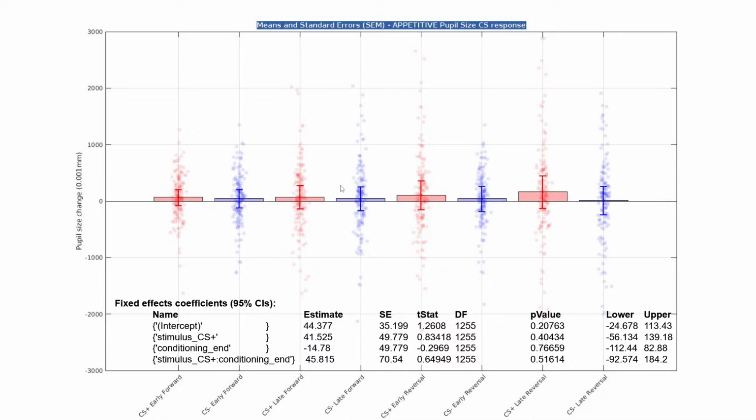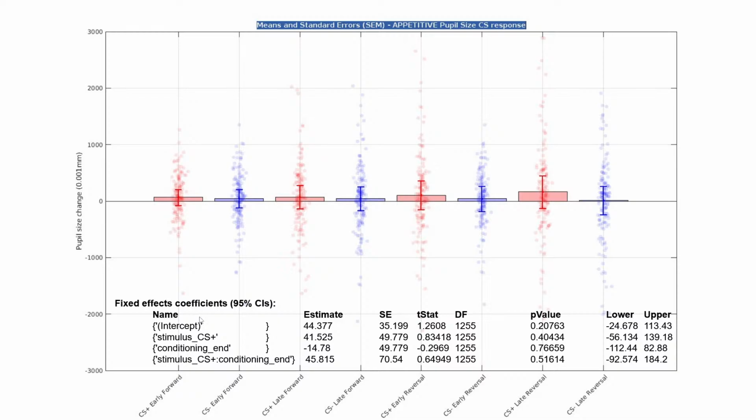And here it is also represented in the same way: medians of the pupil size response together with the standard error and the scatter plot overlaid within each response separately.